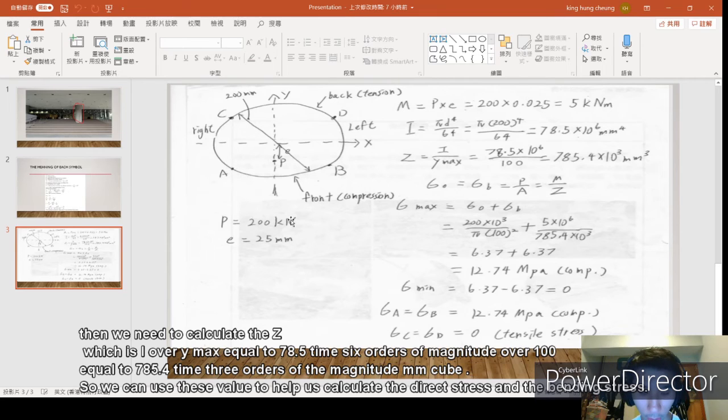So we can use this value to help us calculate the direct stress and the bending stress.